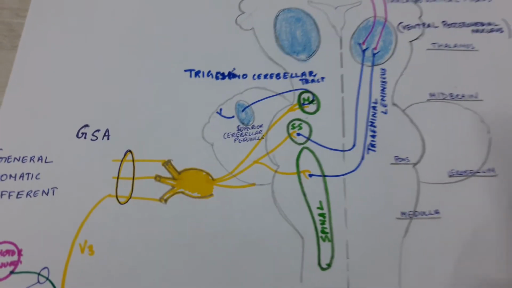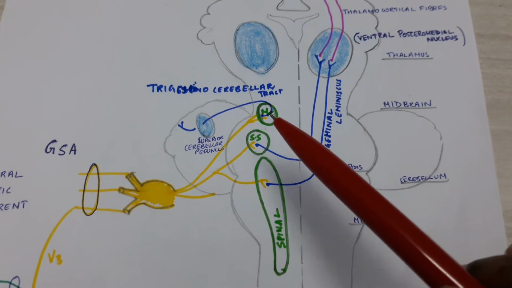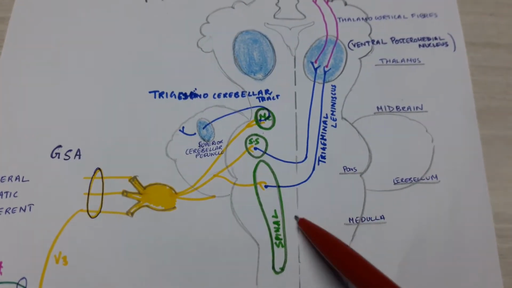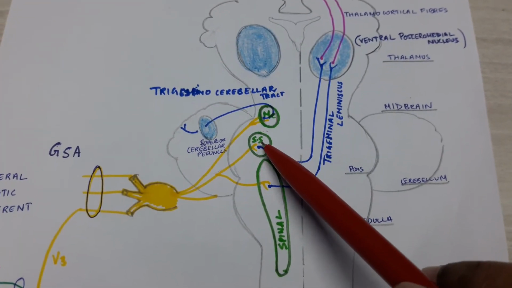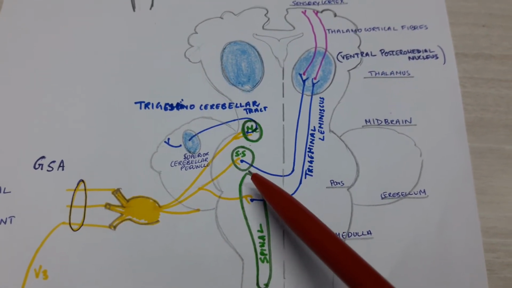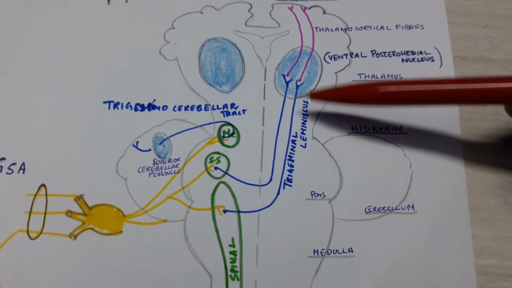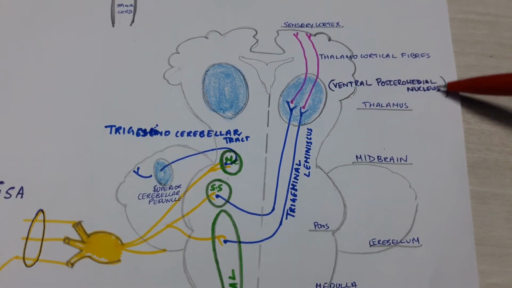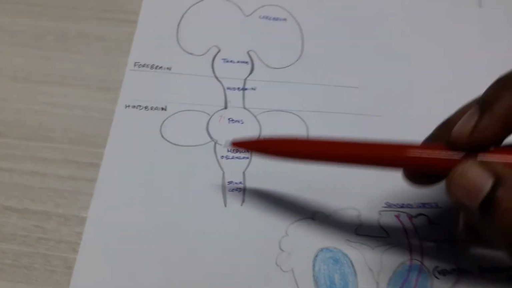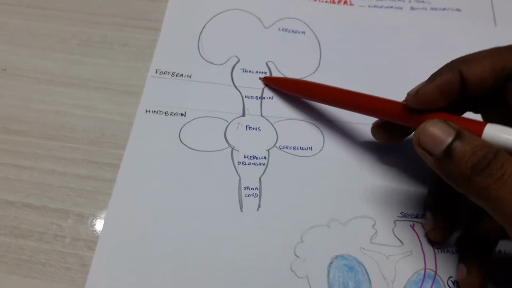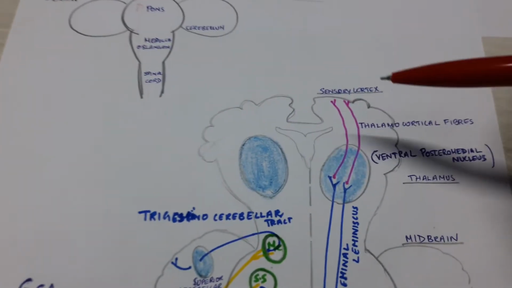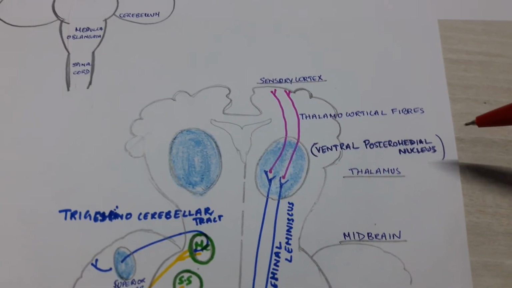So let's start off. These are our nuclei. At the pons we have the superior sensory and the spinal. Most fibers from the superior sensory and spinal will cross the midline to form the trigeminal lemniscus, and they will synapse here, that is the ventral posteromedial nucleus of the thalamus.